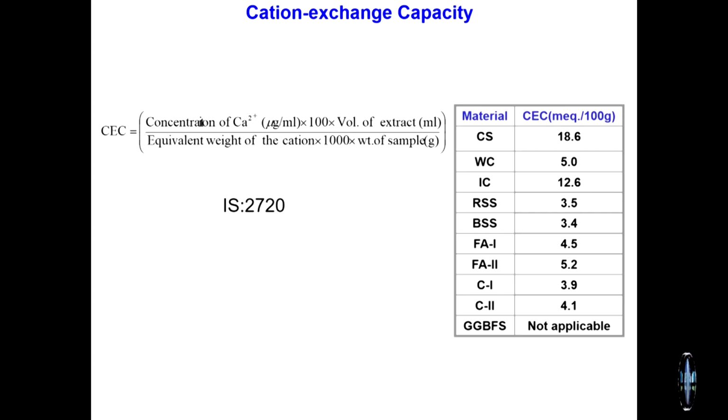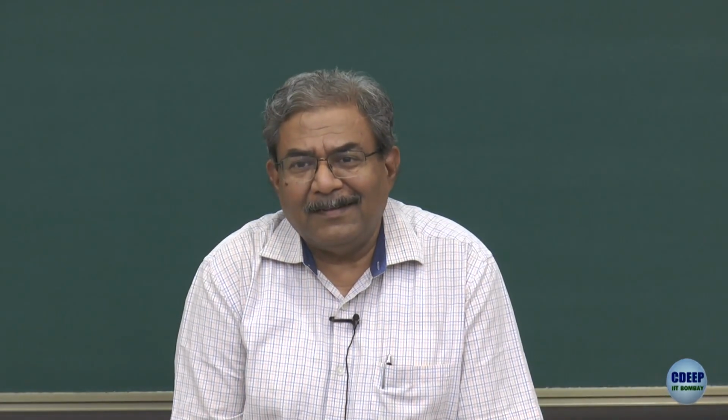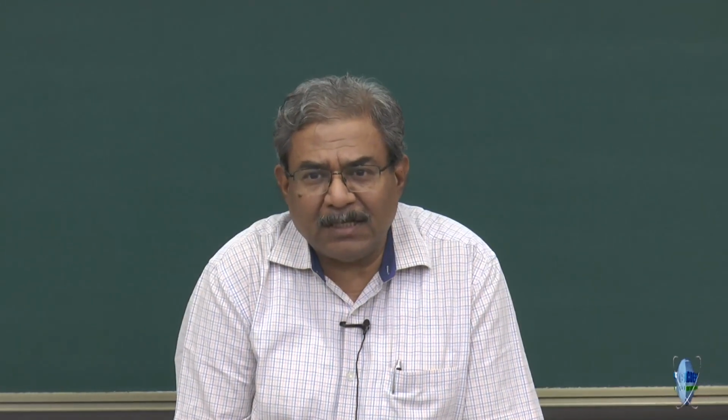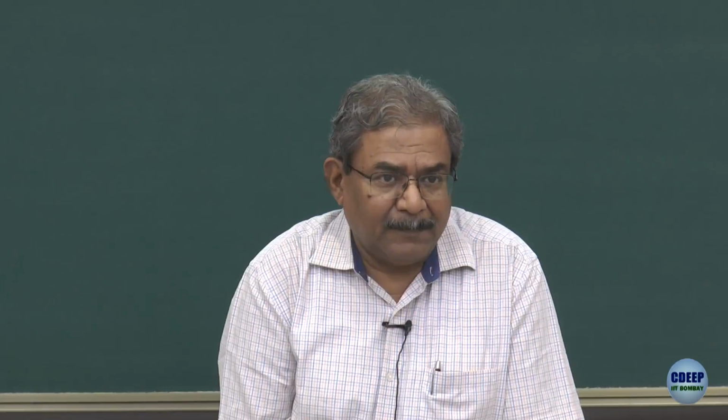Acid mine drainage, AMD. How people have taken care of acid mine drainage which is coming out of the coal mines, and what happened when they could not take care of AMD. What were the instructions given by the judiciary, correct, and what happened ultimately?